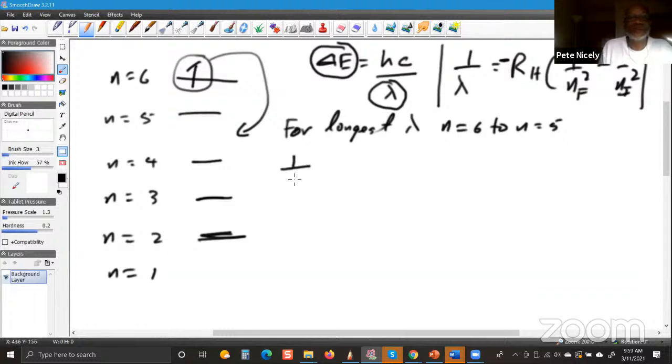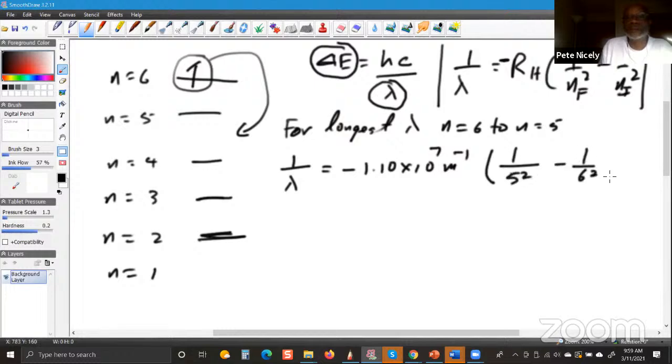We're going to end up with 1 over lambda is equal to minus RH, which in this case would be 1.10 times 10 to the 7 meters to the minus 1, times 1 over 5 squared minus 1 over 6 squared. All right? So we have to work this out. So of course we have to work out what's within the parentheses first. So let me see here.